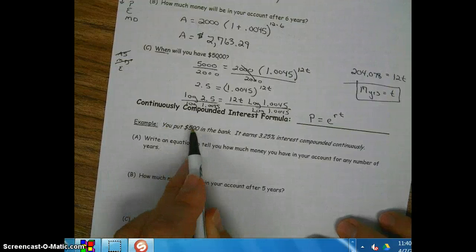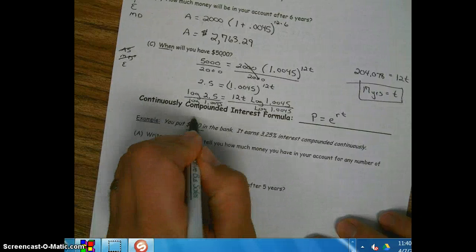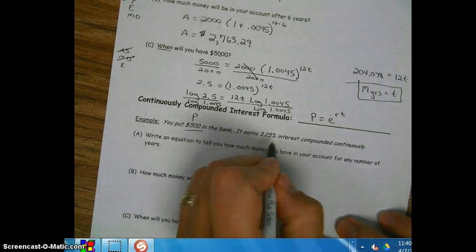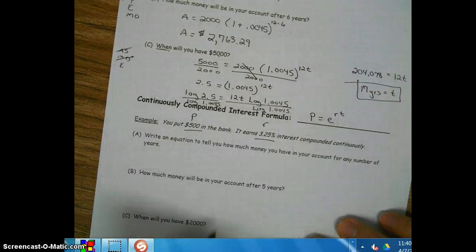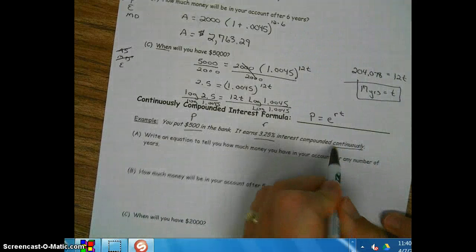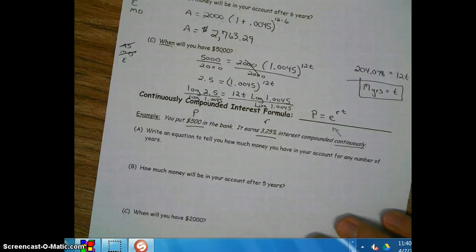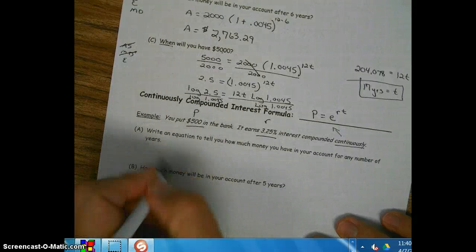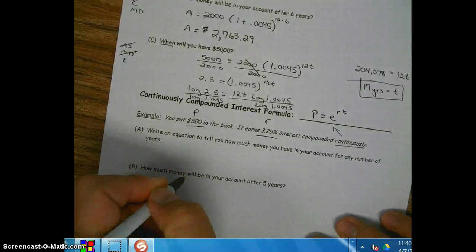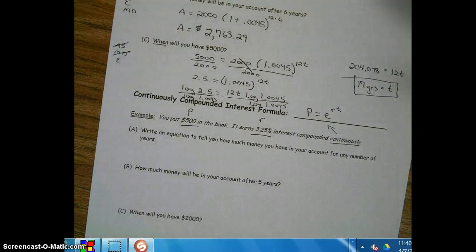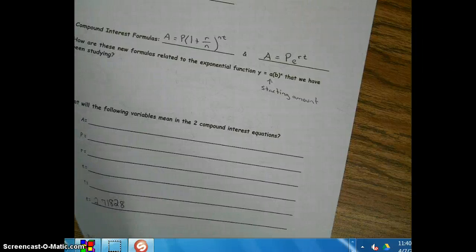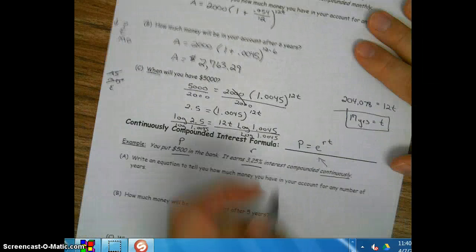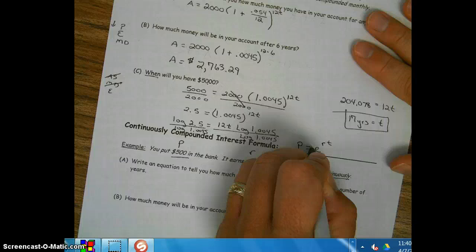You put $500 in the bank. There's our principal. Here's our rate. It's compounded continuously, so we use this formula. Let's write the equation. PERT. Oh, I messed up. Oh well.